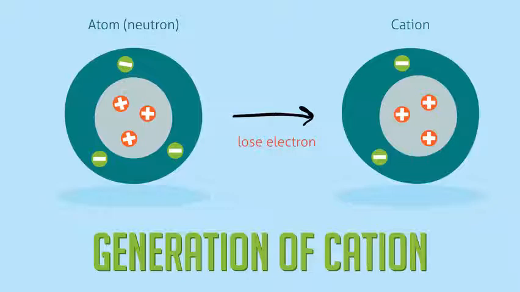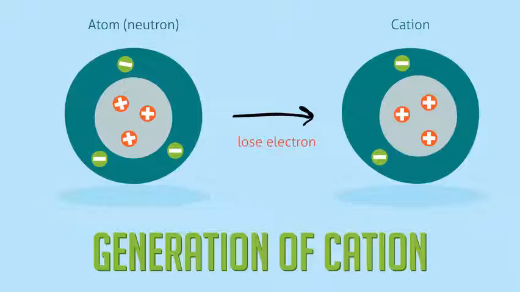So if that atom were to lose an electron, it now has 2 electrons, but still 3 protons. So therefore, overall, it now has a positive 1 charge because we've got +3 for the positive and -2 for the negative. So 3 minus 2 would be +1. So it's now a positively charged atom.